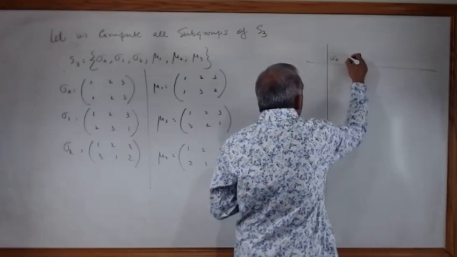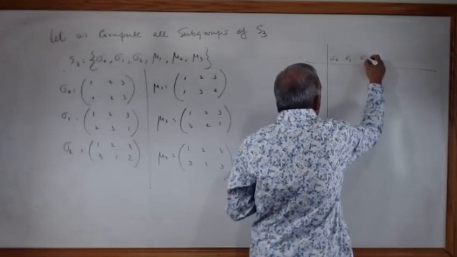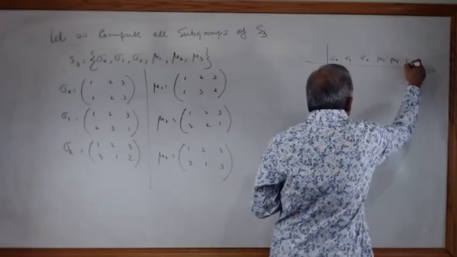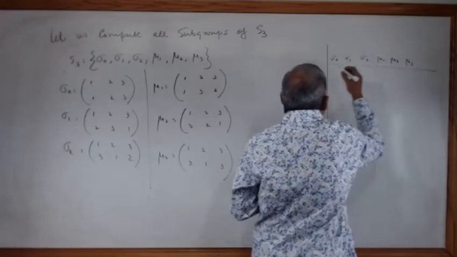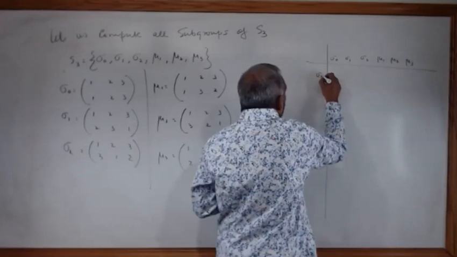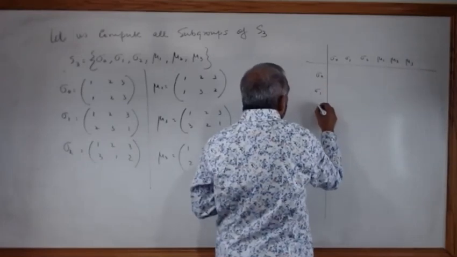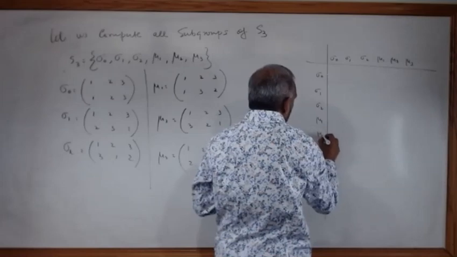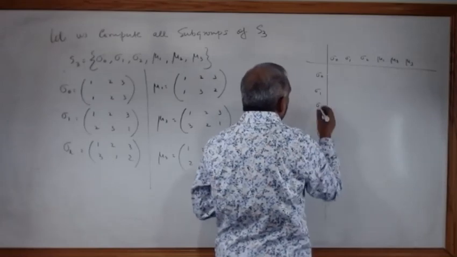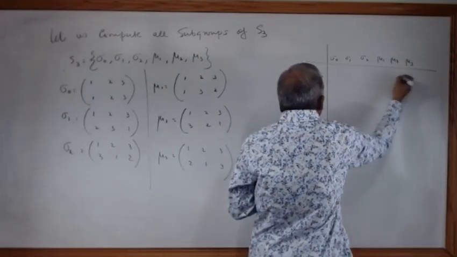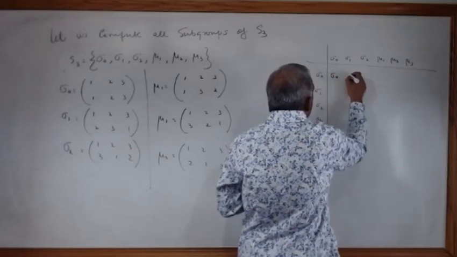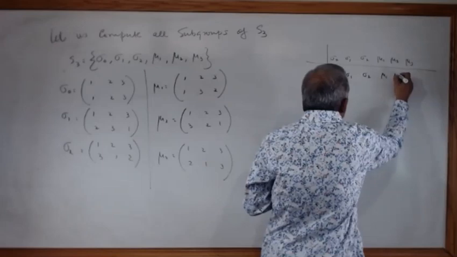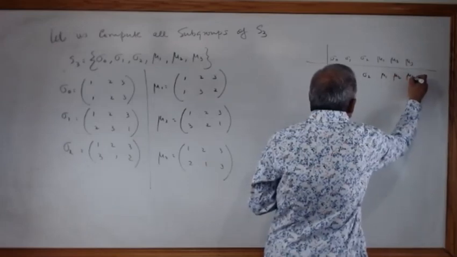Sigma 0, sigma 1, sigma 2, mu 1, mu 2, mu 3, along the rows and columns. And this is definitely going to be sigma 0, sigma 1, sigma 2, mu 1, mu 2, mu 3.